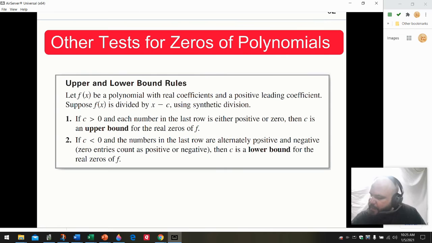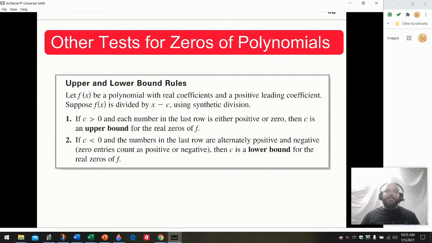And so here's what it says. It says if f of x is a polynomial with real coefficients and a positive leading coefficient, suppose f of x is divided by x minus c using synthetic division. If c is greater than 0, so the number that you're dividing by is greater than 0, and each number in the last row is either positive or 0, then c is an upper bound.